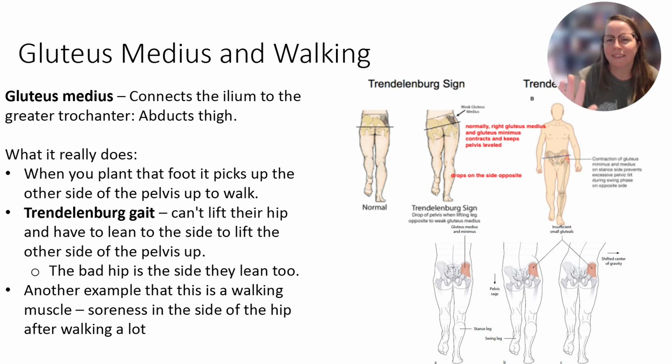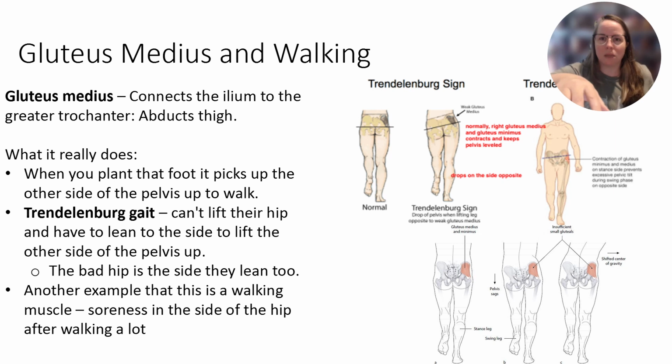And I'll show you guys this in lecture because it's hard to do on a video. But there is a characteristic gait for a weak gluteus medius called the Trendelenburg gait. So these are people that when they have a gluteus medius that's too weak, they have to lean to the weak side, which is the foot that's on the ground, and pull their leg forward because the gluteus medius can't pull the hip up, it's too weak.